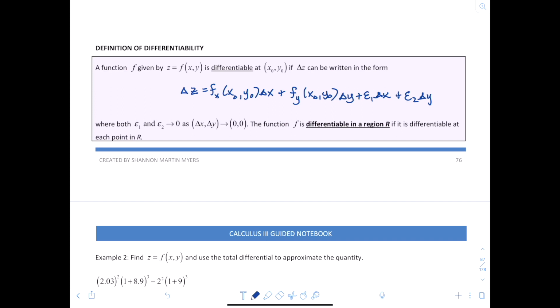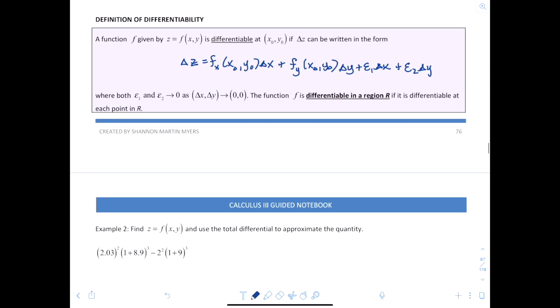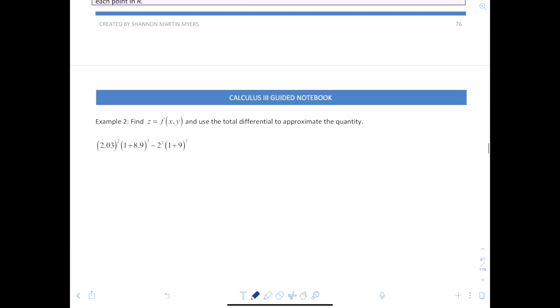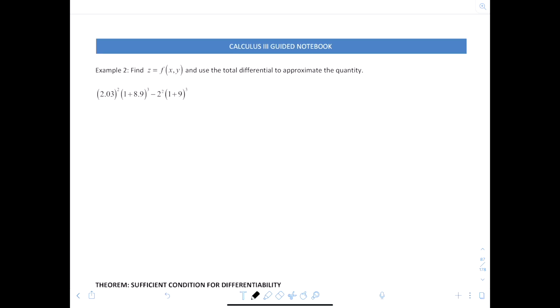Okay? So now, let's take a look at another example. Let's find z equal to f of x and y and use the total differential to approximate the quantity. First of all, what would f of x and y be? You're going to have x squared times 1 plus y cubed. Cool so far?